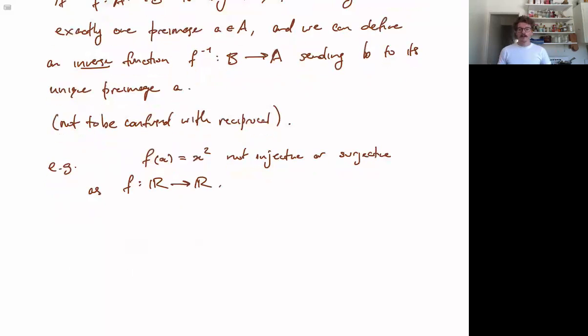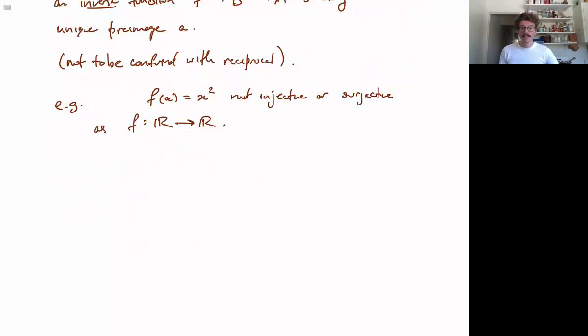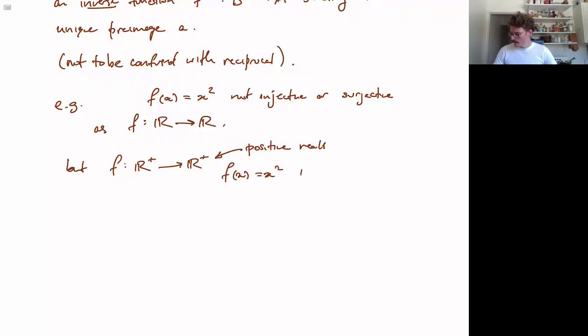But if we change the domain and codomain, we can make it so that it is injective and surjective. So let's restrict to R plus to R plus. So this, you may remember, is positive reals. And if we define this function the same way, it is injective and surjective.